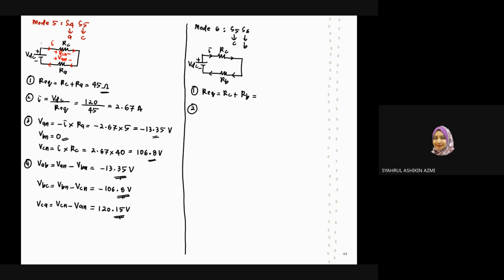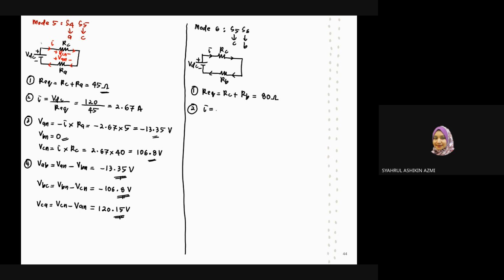RC is 40, RB is also 40, so 80 ohm for the equivalent resistor.